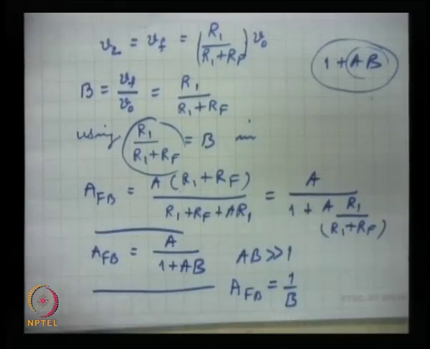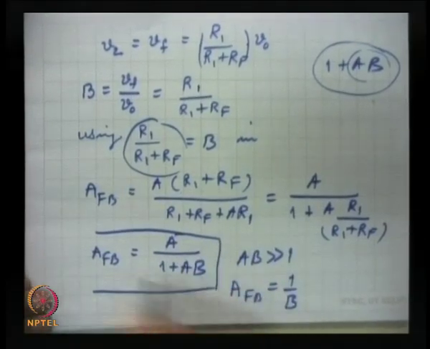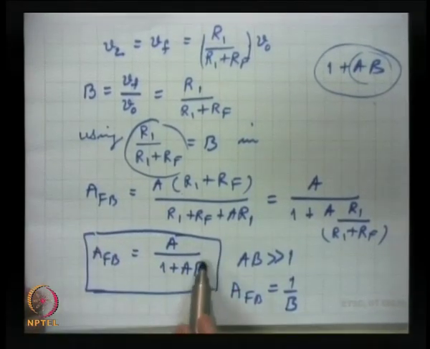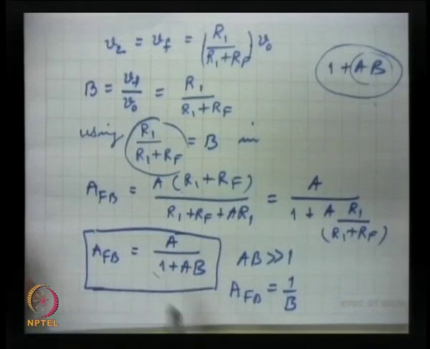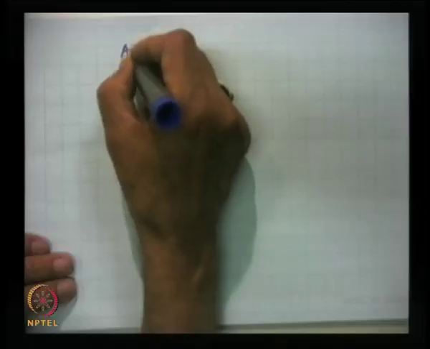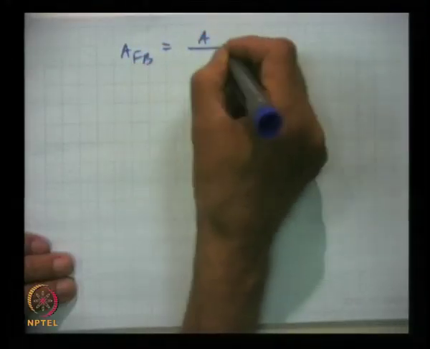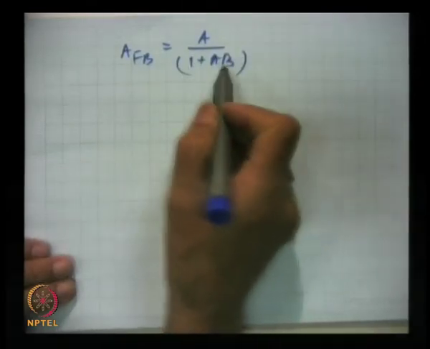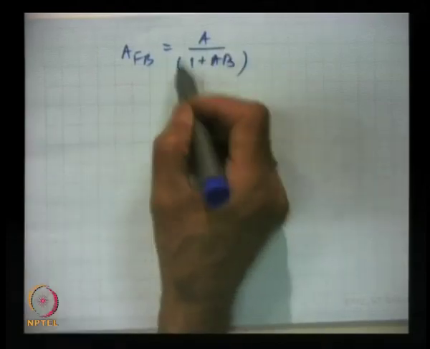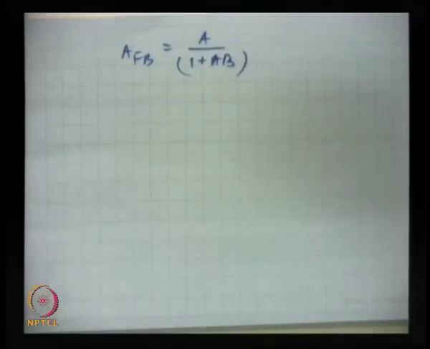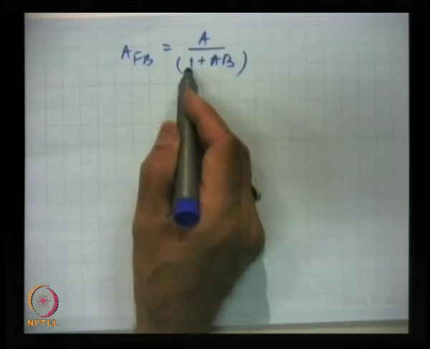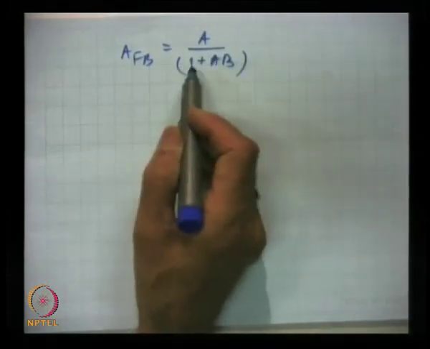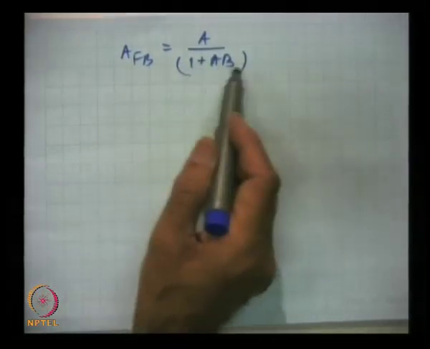The B network is normally a few resistances. So with this expression, you remember we said that with feedback, because the gain is A over 1 plus AB, all quantities will vary, either increase or decrease, by a factor 1 plus AB. If they increase, we will have to multiply by this factor, and if they fall, we will have to divide by it.